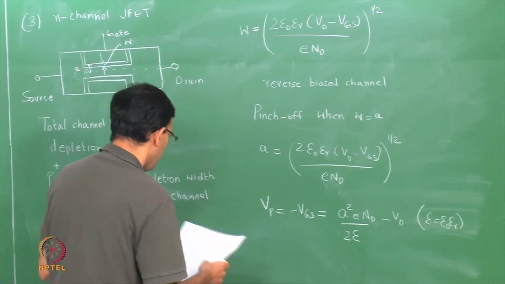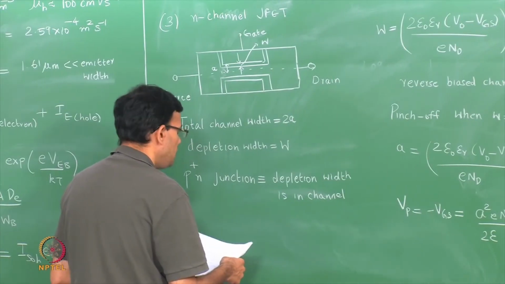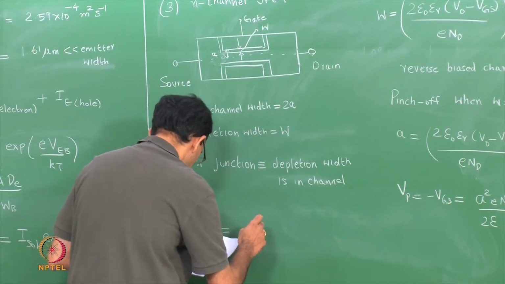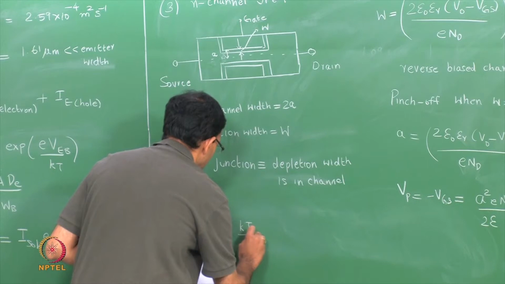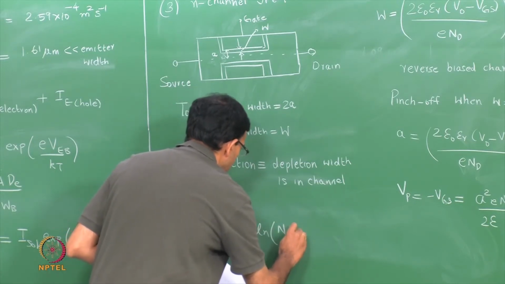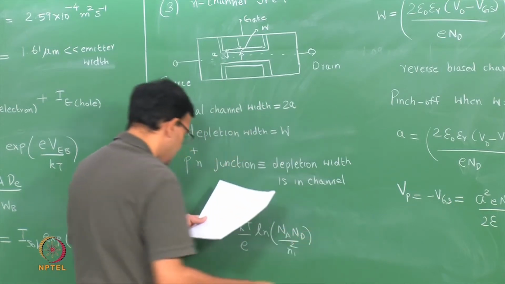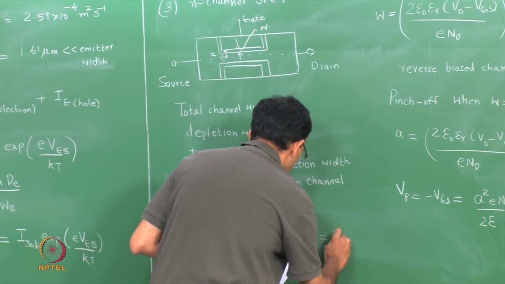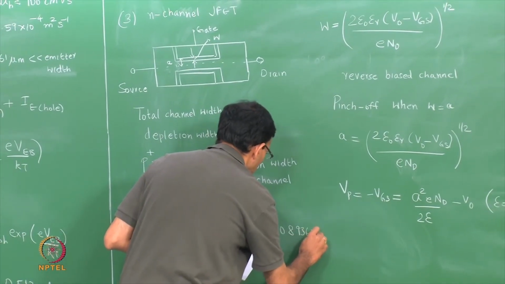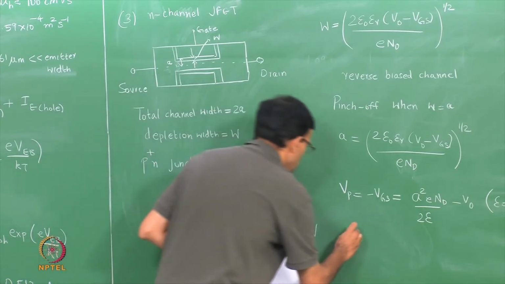So, for this particular numerical problem, Na and Nd are given. So, we can essentially calculate V naught. V naught is kT over E ln of Na Nd over Ni square. So, the material is silicon. So, V naught is 0.8936 volts. We need to calculate the pinch off voltage.